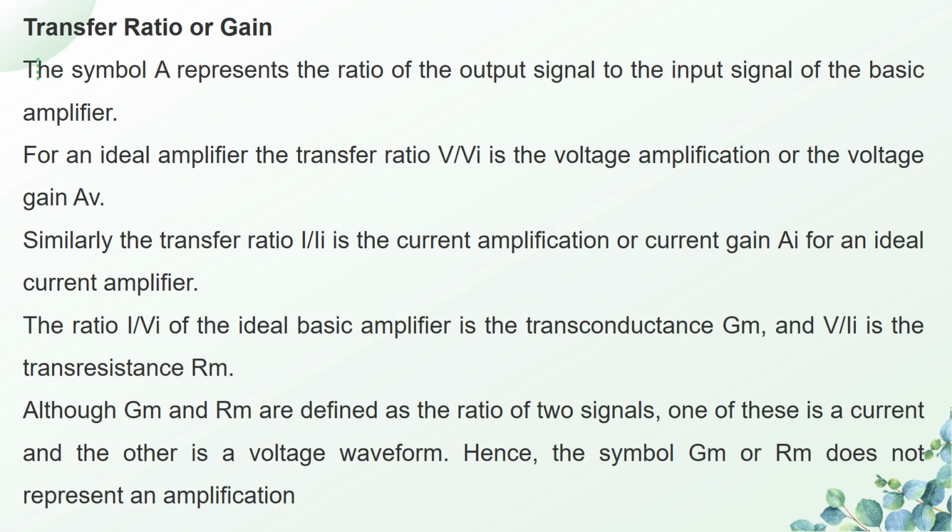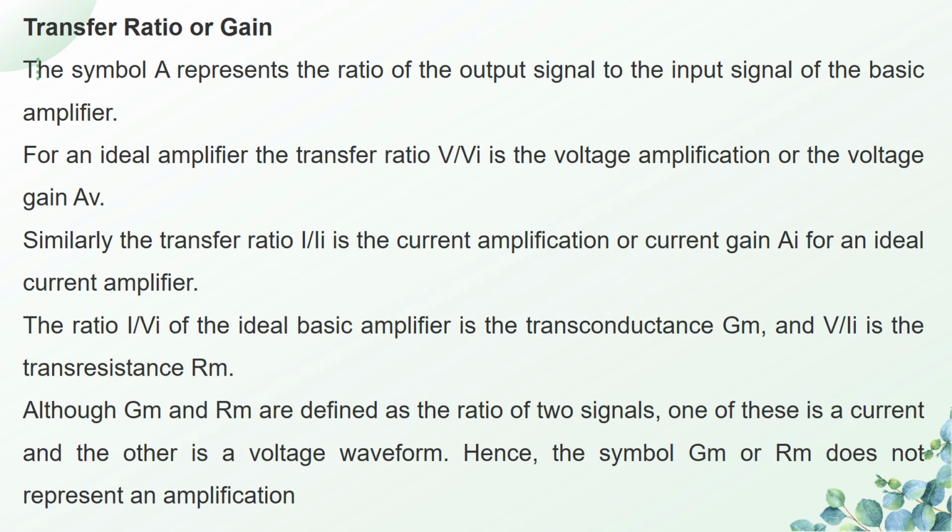Voltage gain is the ratio of output voltage to input voltage, commonly represented by AV. The next is current gain, the ratio of output current to input current, represented by the gain AI.